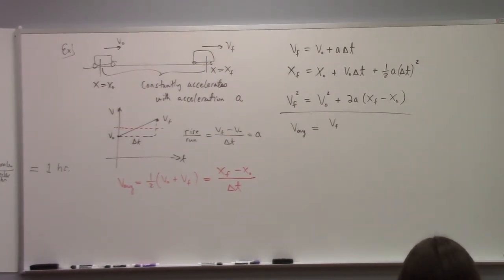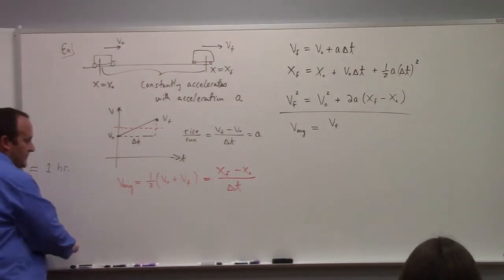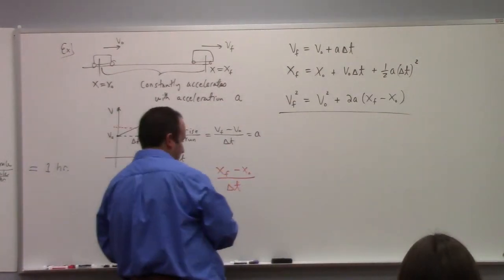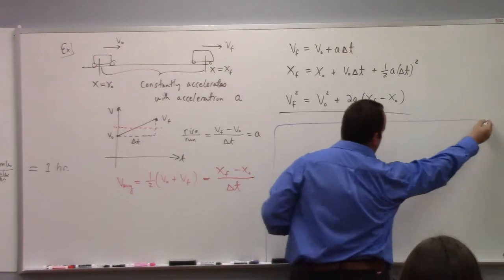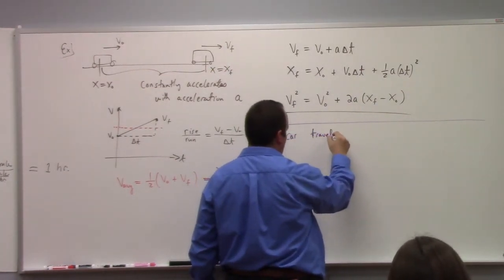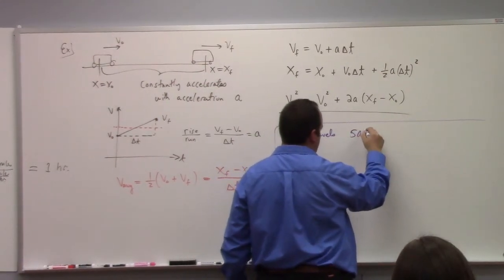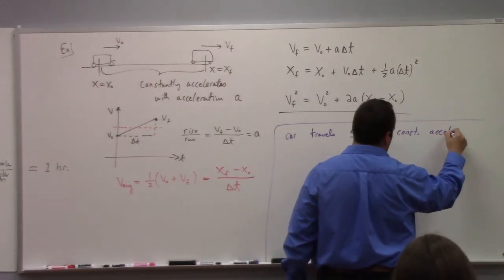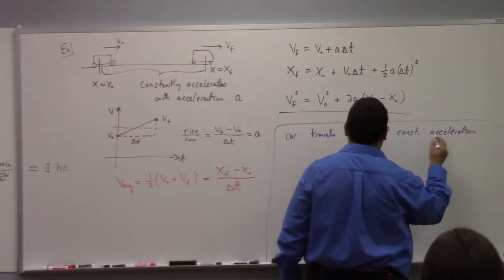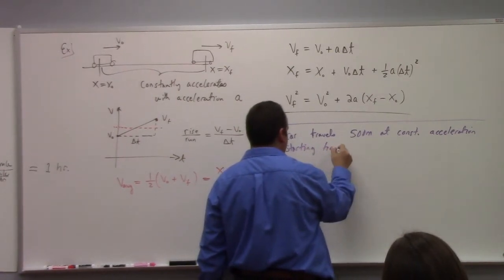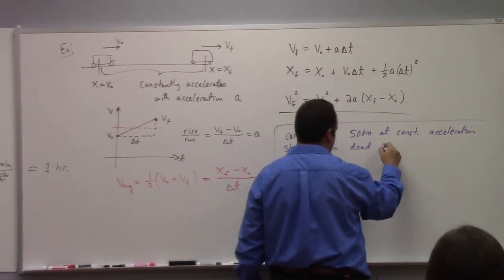All right. So anyway, those are your main tools. So can you think of a word problem that I could give you in this world? How about this? A car travels 500 meters at constant acceleration, starting from dead stop.